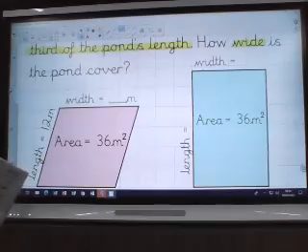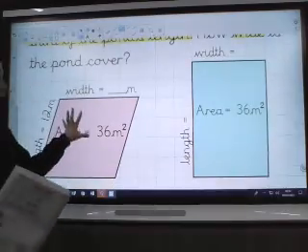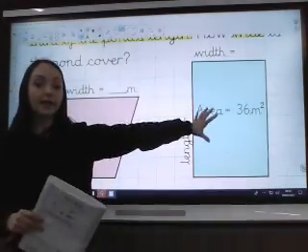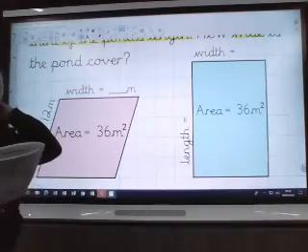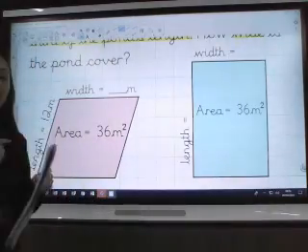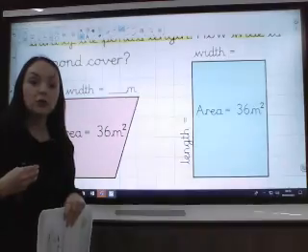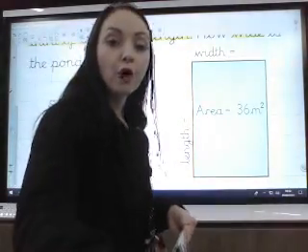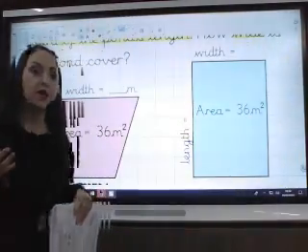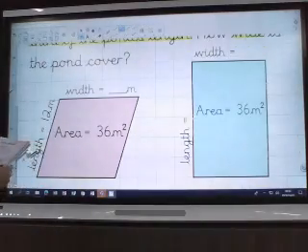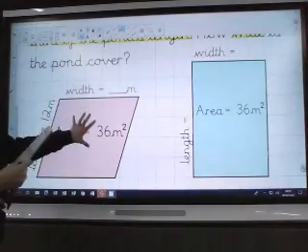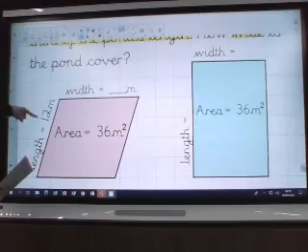So to help us out, I've got a parallelogram, I've got a rectangle, and I've put on what we already know. This might help you if you draw something like this in your purple book. You could just draw it roughly because sometimes it helps to visualize it. So we know that we've got a parallelogram. It's got a length of 12 metres.